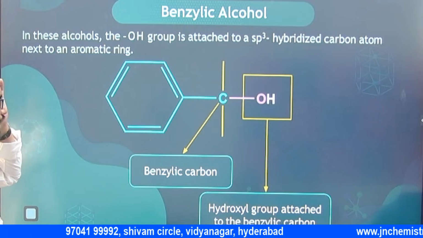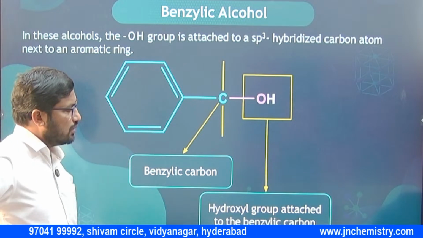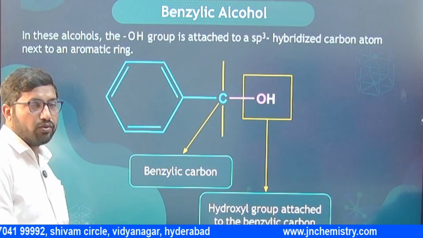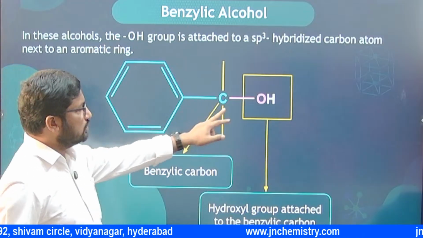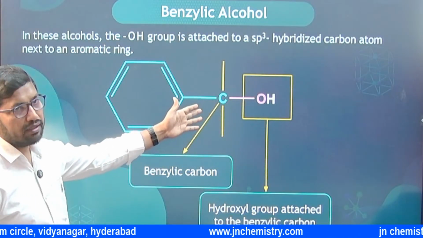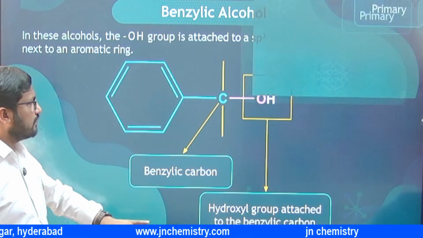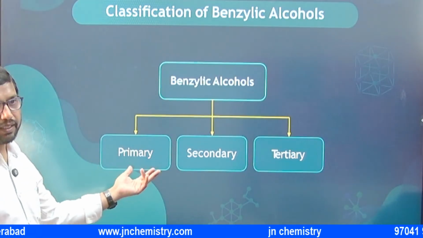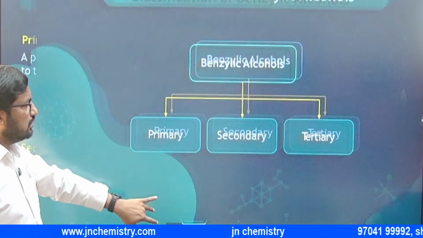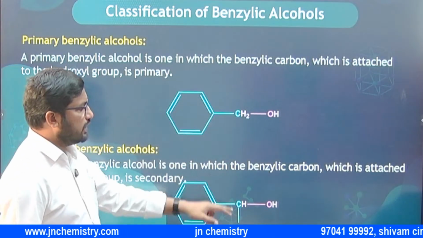So this is benzylic alcohol. Benzyl halide, also benzyl chloride, we discussed yesterday, CH2Cl. This also we can say has primary, secondary, tertiary alcohols, right? So benzylic also primary, secondary, tertiary. 1 degree, 2 degree, write it down.